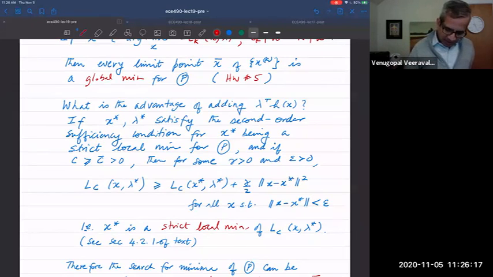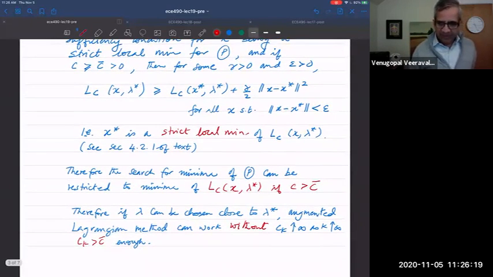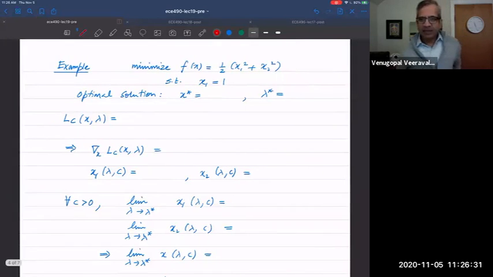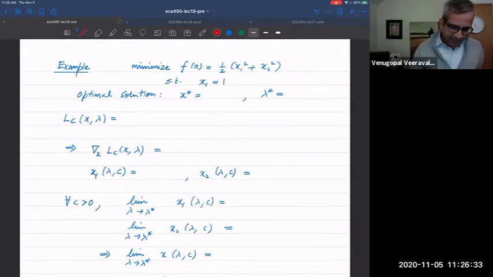Let's do an example first, to illustrate that if you choose lambda close to lambda star, you don't have to make C go to infinity. Very simple optimization problem: I'm minimizing this quadratic subject to the equality constraint x1 equal to 1.